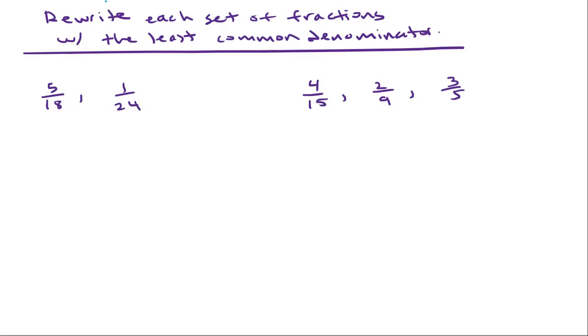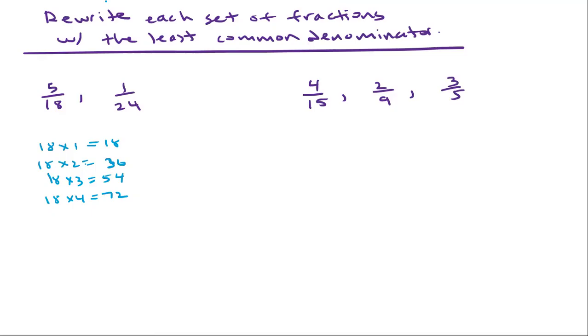So 18 times 1 is 18, right? 18 times 2 is going to give us 36. 18 times 3 is 54. And then 18 times 4 is 72. All right, let's see how far that will take us.